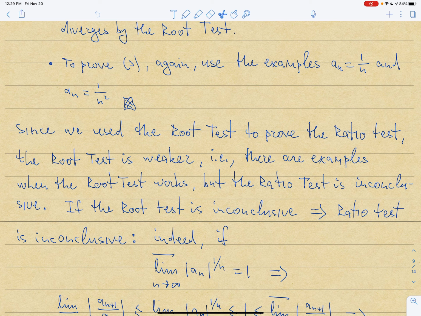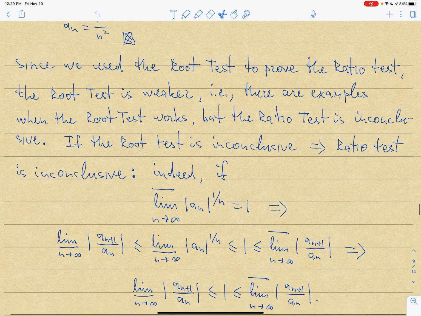It is possible that the root test will allow you to make some conclusion about the convergence of a series, as we will see shortly, while the ratio test will be inconclusive.